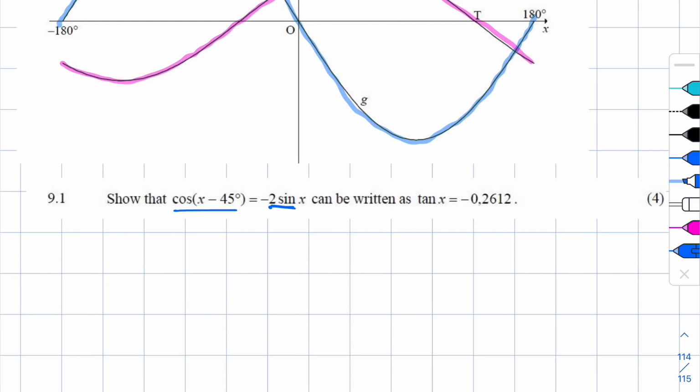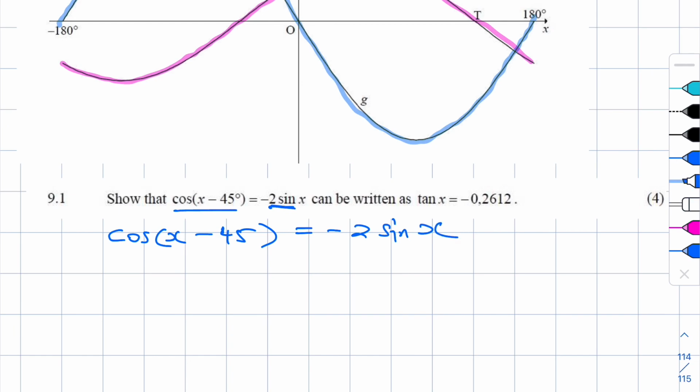They want us to work out the x of the point of intersection. So what you're going to do here, we have cos(x − 45°) is equal to negative 2 sin x.